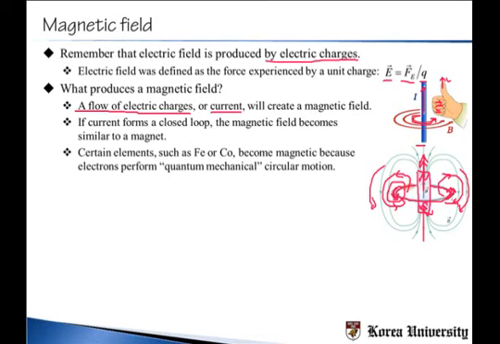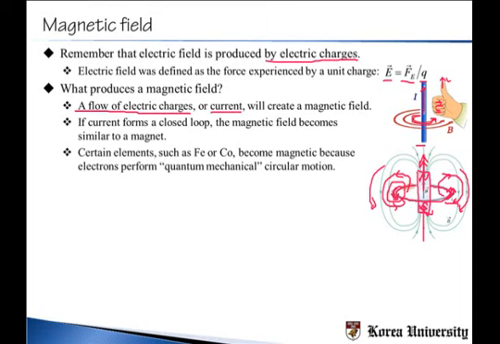Actually, having a bar magnet means that there is some magnetic field already inside this material, right? You measure the magnetic field of a bar magnet without having any current. So where does the current come from? Where does the flow of charges come from? Actually, they are electrons.